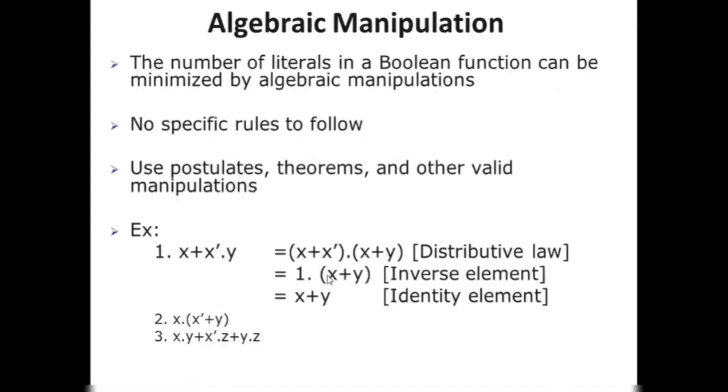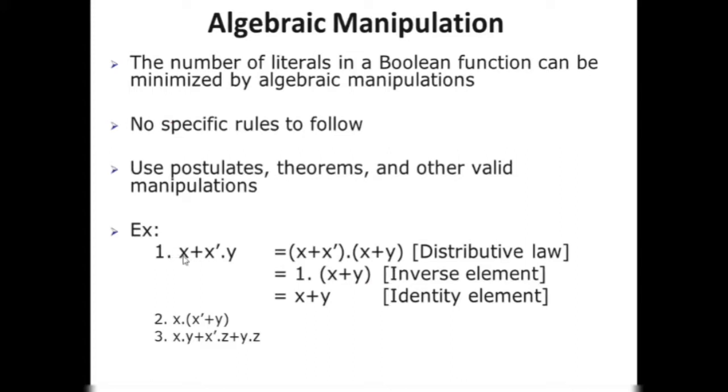Okay. So let's look at a few algebraic manipulations. So we are trying to minimize or simplify these algebraic equations. So we don't use any specific rules. We use postulates, theorems, and other valid manipulations in carrying out this.